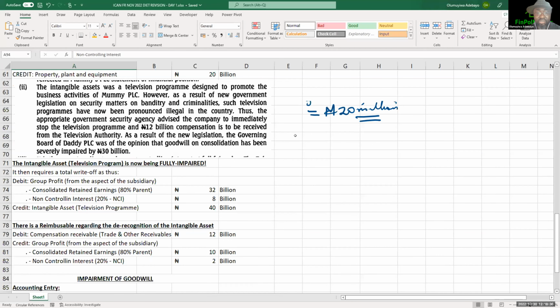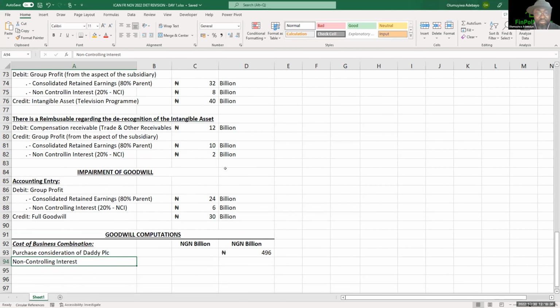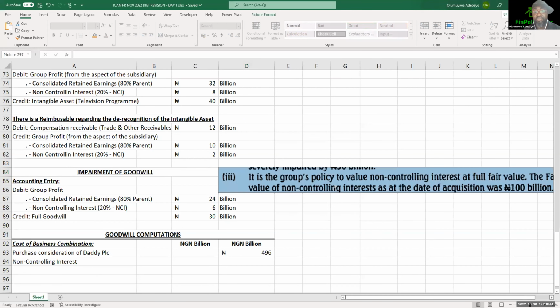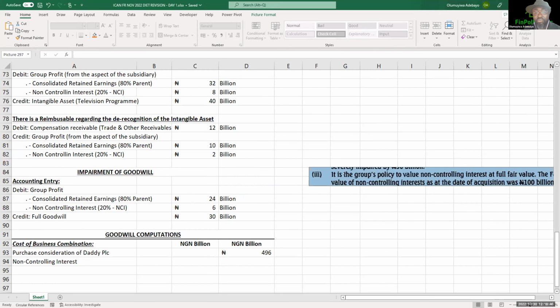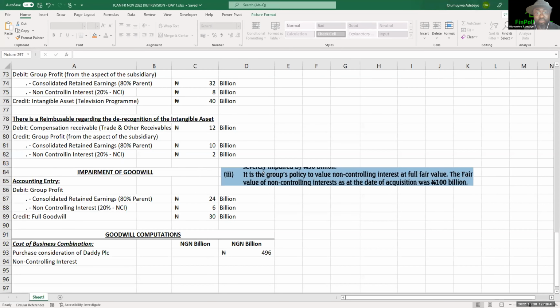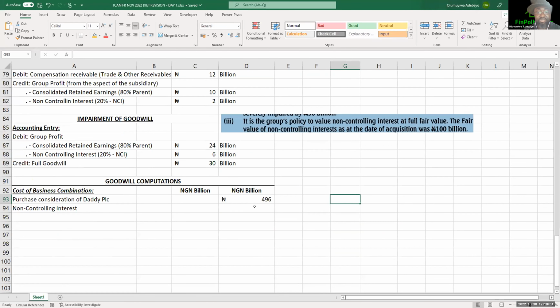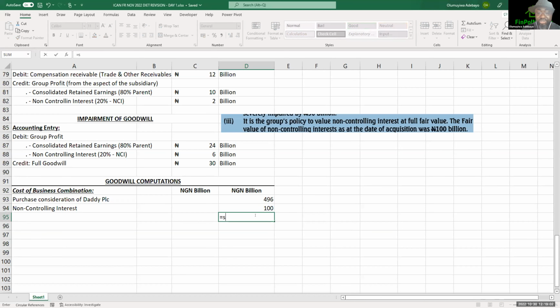Let me copy the information and keep it next to this goodwill. Therefore, 100 billion. Therefore, what's the total purchase consideration?